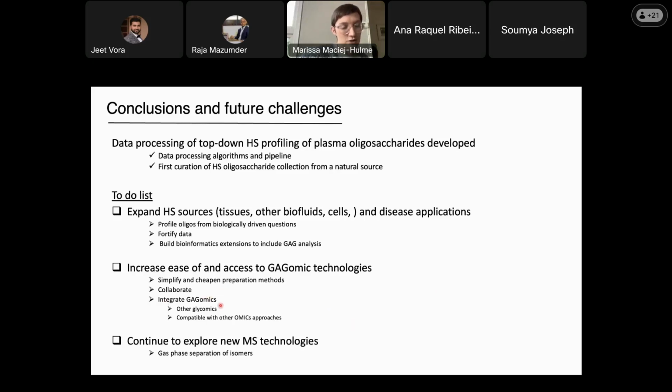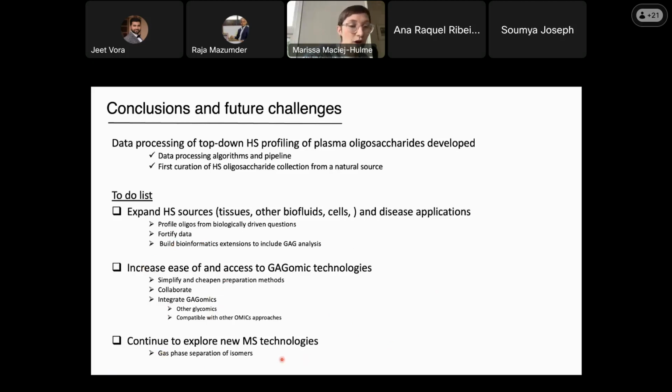And of course, it's always better to make things cheaper. But if we can also simplify and speed up the process, then this will increase the access and the ease for utility. And then finally, huge efforts have been made in the past and continue now to explore new MS technologies.